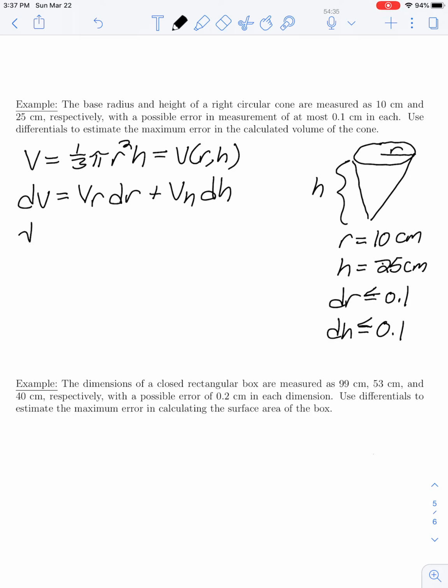So let's evaluate these partial derivatives. We have dV is equal to our partial derivative with respect to r is 2/3 pi r times h, and then we're multiplying this by the differential of r. And our partial derivative with respect to h is 1/3 pi r squared times our differential dh.